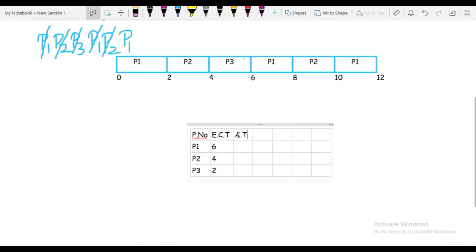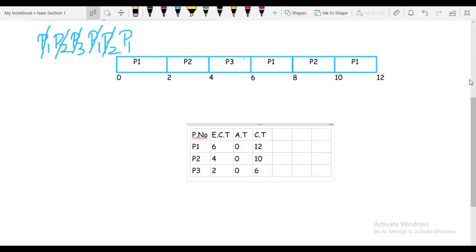Arrival time is 0, 0 and 0. Now let's see the completion time of each process, let's see this from last. For P1 you have 12, for P2 you have 10, and for P3 you have 6.